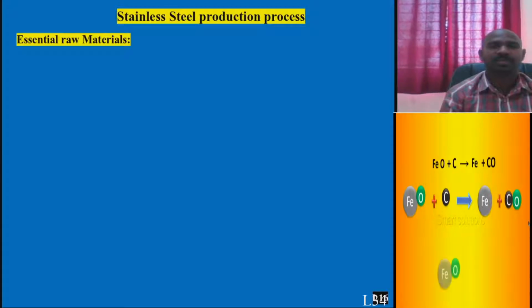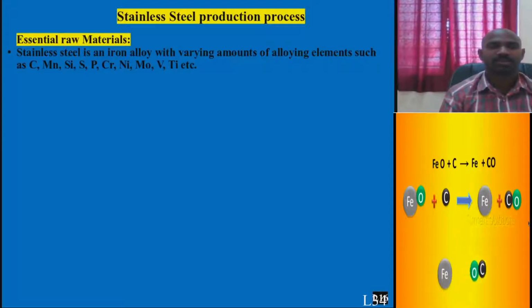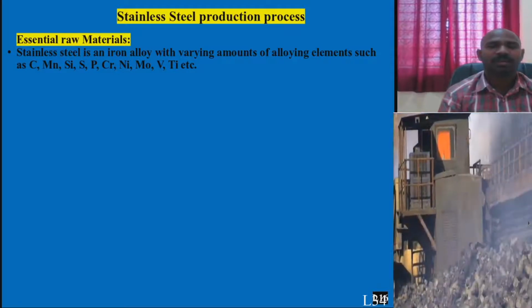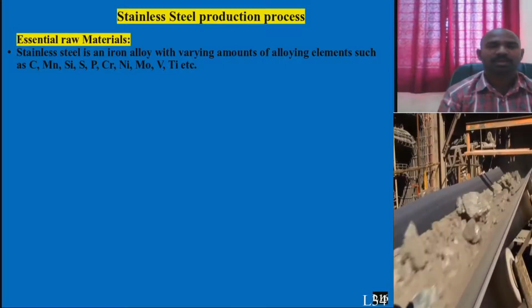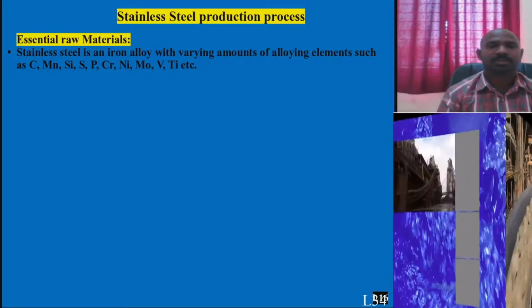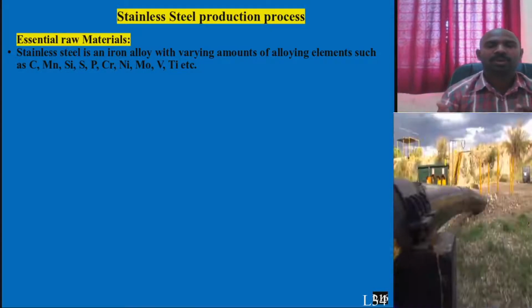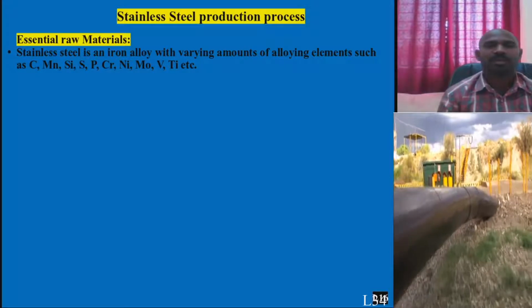What are the essential raw materials to produce stainless steel? It is an iron alloy, and there will be many alloying elements such as carbon, manganese, silicon, sulfur, phosphorus, which are the 5 main elements you will usually find in steel.